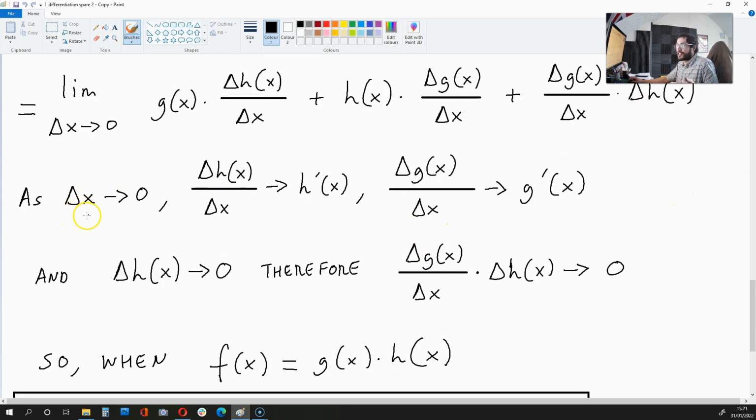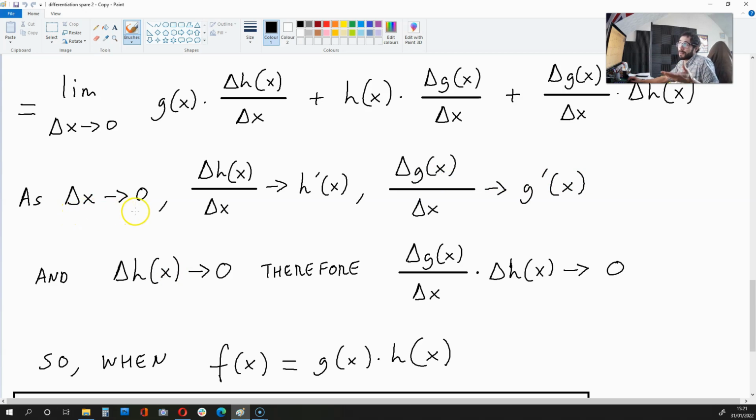However, as change in x approaches 0, change in h(x) over change in x approaches the derivative of h(x), and also change in g(x) over change in x approaches the derivative of g(x). Okay?